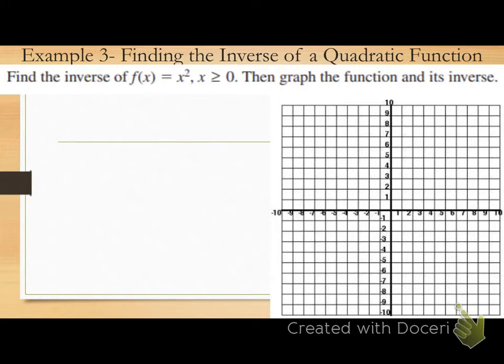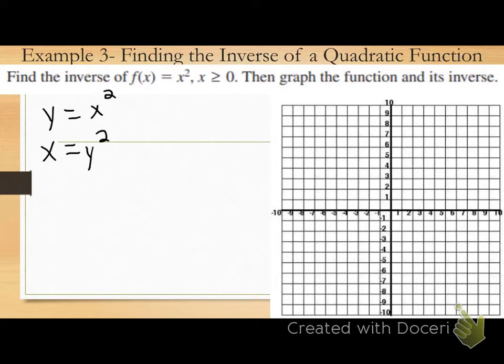So first it wants me to find the inverse. Can someone walk me through how to find the inverse? Switch the x and the y. So I can rewrite this as y equals x squared, right? And then you said switch the x and the y. What do I do after I switch the x and the y?